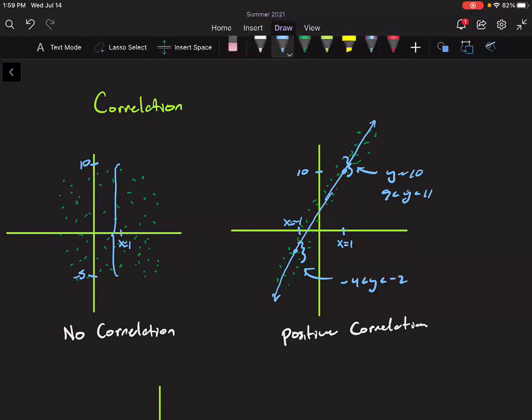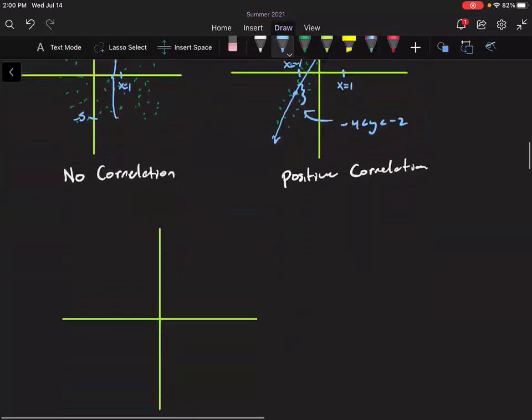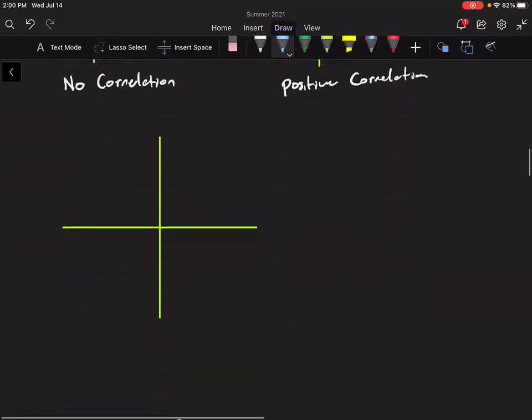So you can use x values to predict y values. And it's positively correlated because as we increase x, y increases as well. Or likewise, the line of best fit has a positive slope. Our final example is negative correlation.